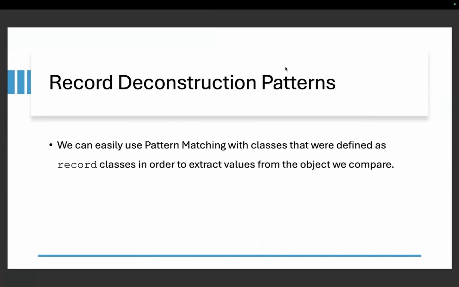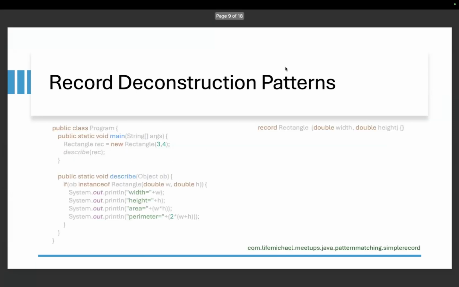Let's take a look at the next code sample. Here in this code sample, we have a definition for the record class rectangle. If you are not familiar with record classes in Java, just think about using the keyword record instead of the keyword class, and then specifying the main variables you want to have in every object instantiated from that new record class. And that's it.